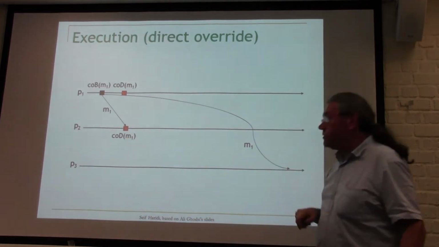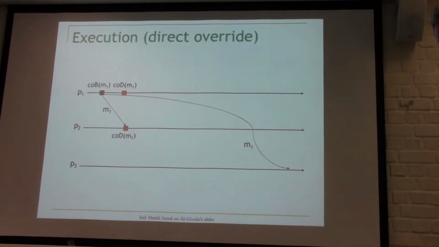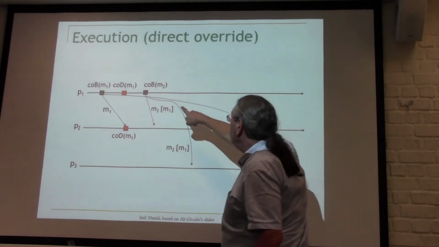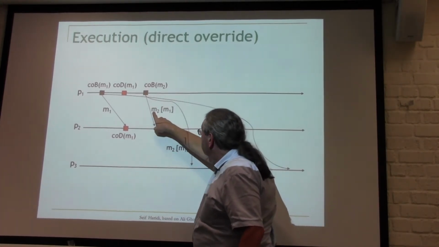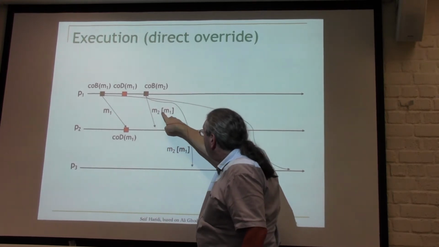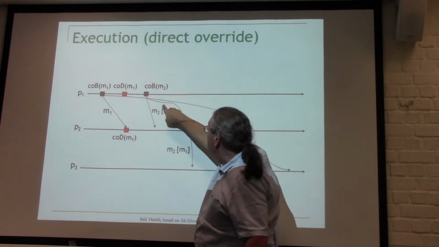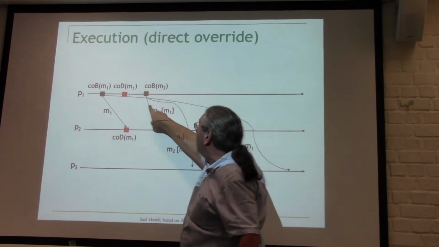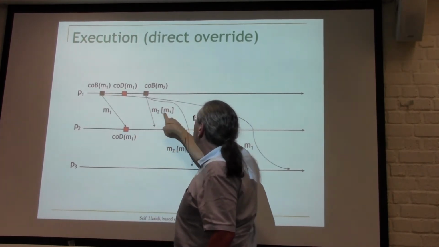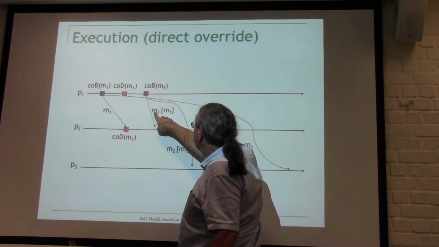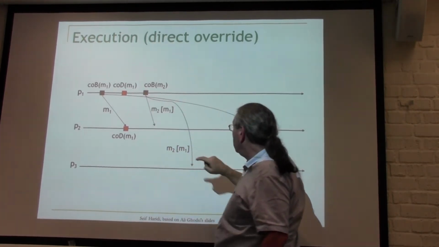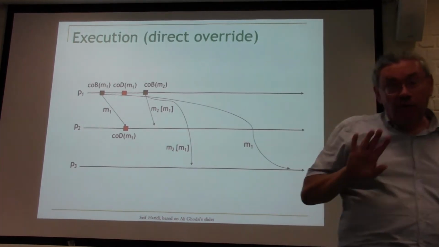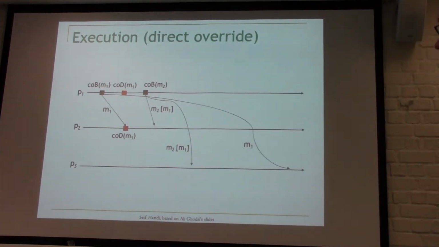If it's not a red box, it hasn't been delivered yet. Now I do a second one, causal order broadcast of M2. What I send here is M2, and this is the list of preceding messages: M1, just a list of one element. So I'm sending M2 with the list of all preceding messages, and I'm sending it here also. So far nothing is delivered yet.